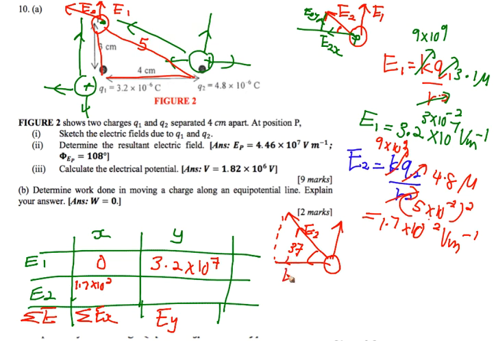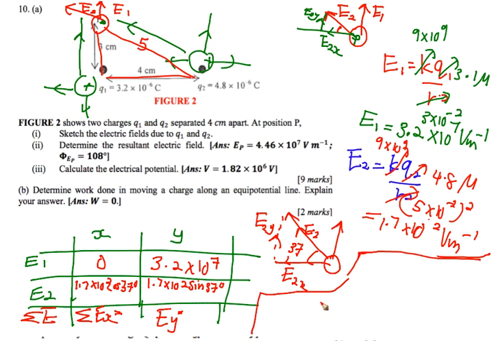This is E2x and this is E2y. So resolved to the x, E2x uses cos 37, and for y you use 1.7 times 10 exponent 2 times sine 37, and you can calculate EY and EX here.